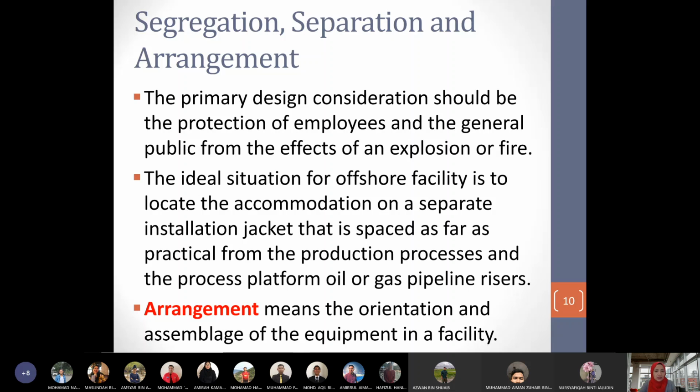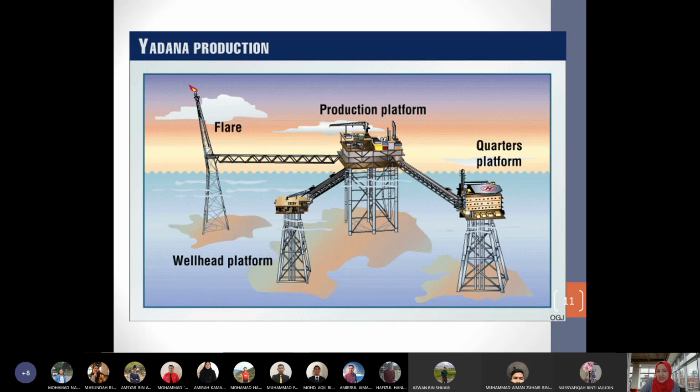And then arrangement means the orientation and assemblage of the equipment in the facility that's been separated. So this is to illustrate an example of a production facility. You have the production platform in a separate platform, and it is separated from the quarters platform.